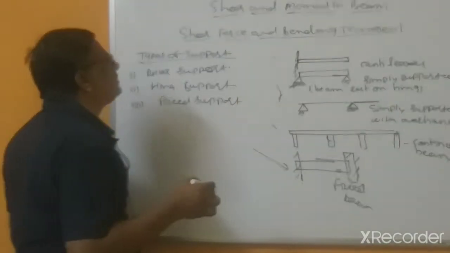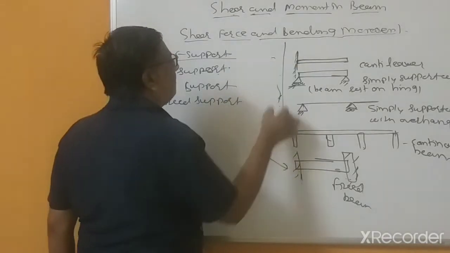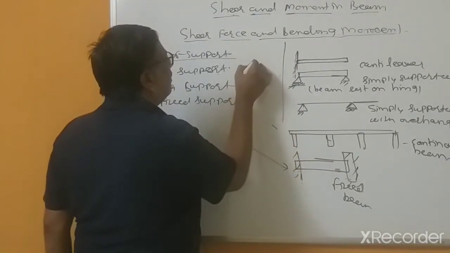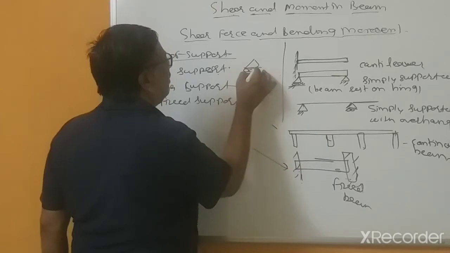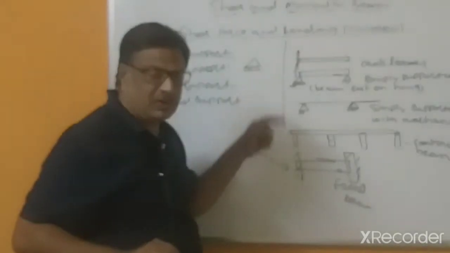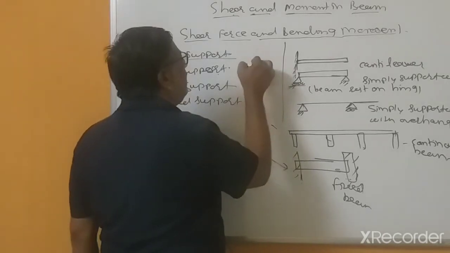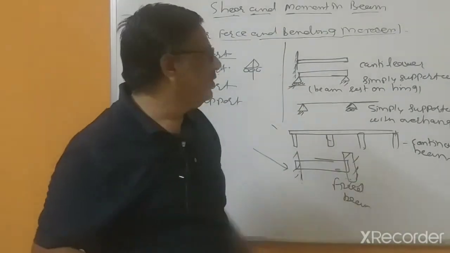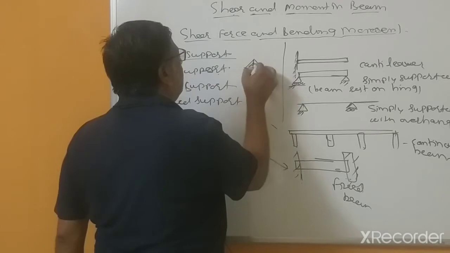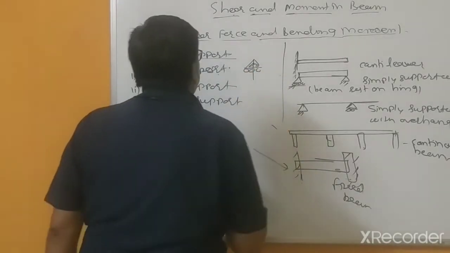Roller type means a vertical reaction only, perpendicular to the surface, which may be upward or downward.